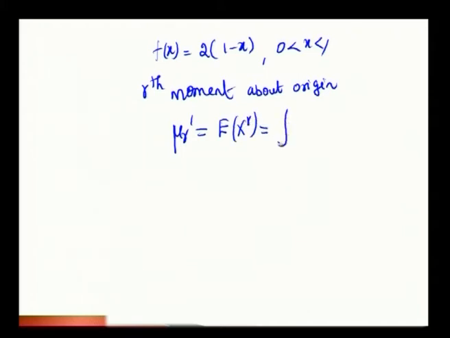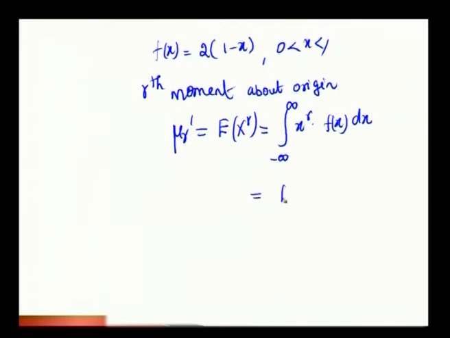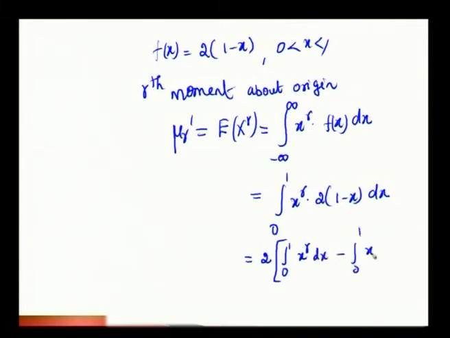Since it is a PDF, it is the integral of x power r into f of x dx with limits from minus infinity to infinity, where f of x is defined only in the interval 0 to 1 and is 0 elsewhere. Therefore the limits are from 0 to 1, x power r into 2 into 1 minus x dx. This is written in a simplified format so that it will be easy for us to integrate: 2 times integral from 0 to 1 of x power r dx minus integral from 0 to 1 of x power r plus 1 dx. I have not integrated yet; it is yet to be integrated.